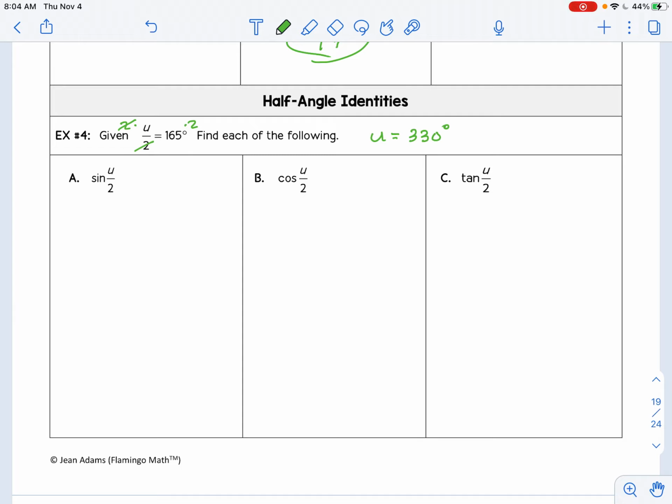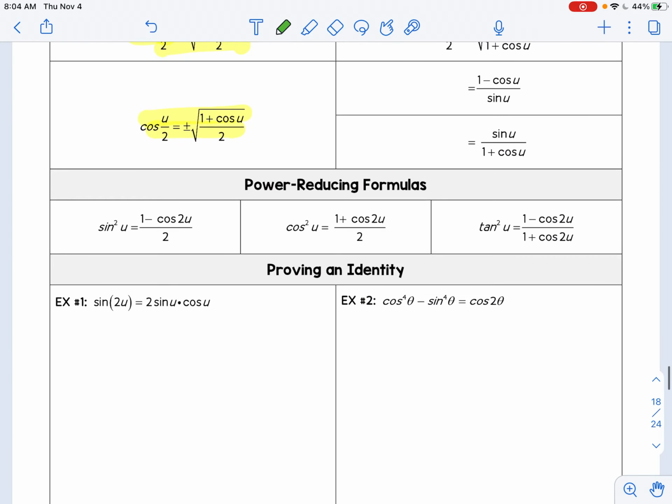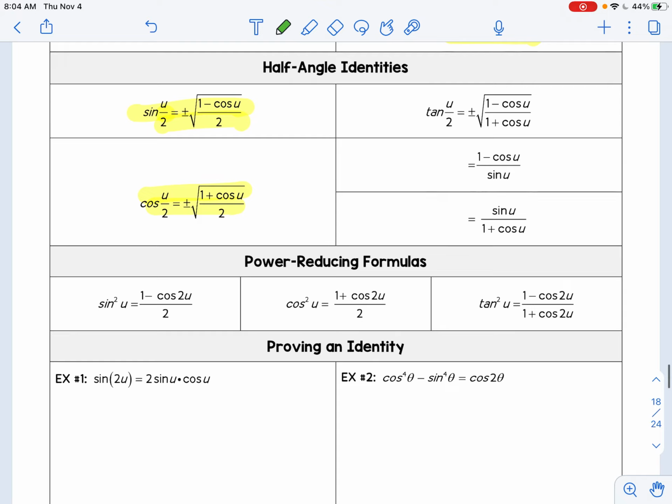So for sine of u over 2, go back up here to our list. I have this one right here. If you had this in front of you, this is what you look for. It's a plus or minus square root, which means it's going to give you 2 different answers. We'll talk about that.